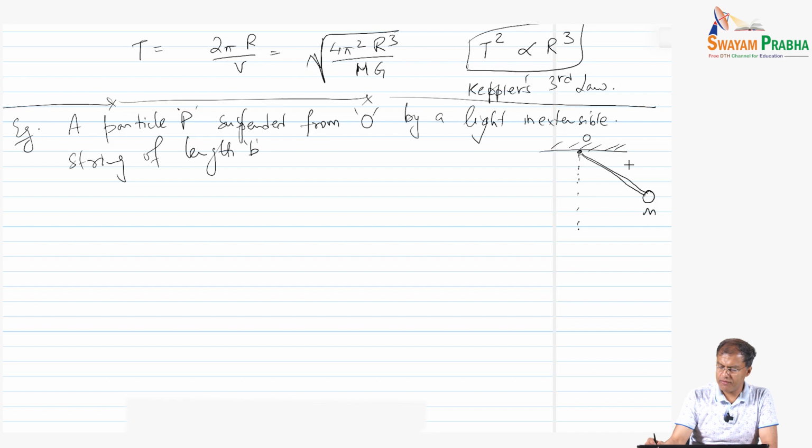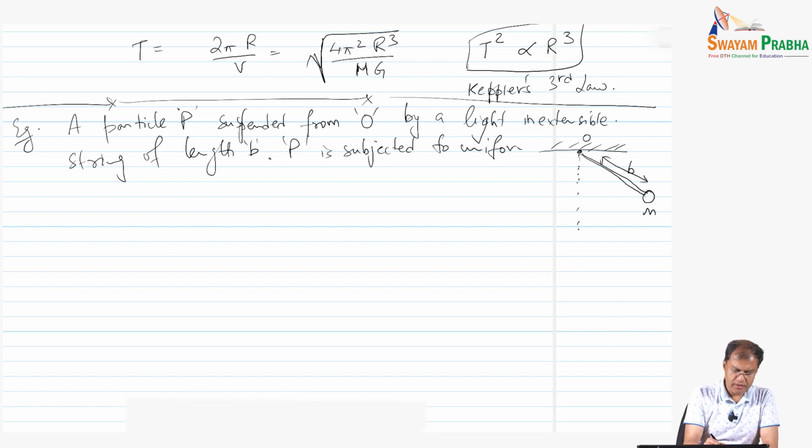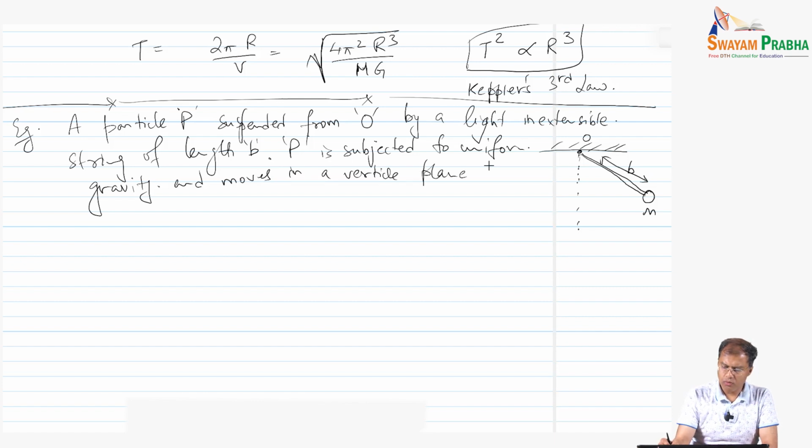Okay, so this length that we have is b, and P is subjected to uniform gravity and moves in a vertical plane through O, through the origin. We have to find the equation of motion.